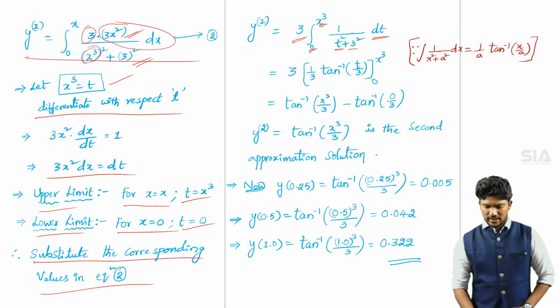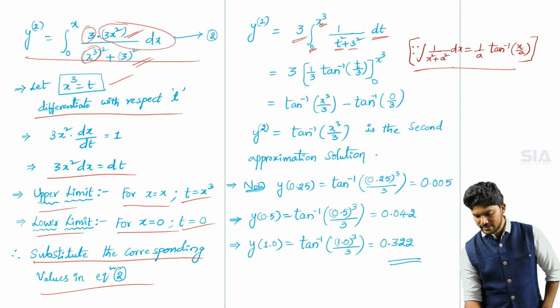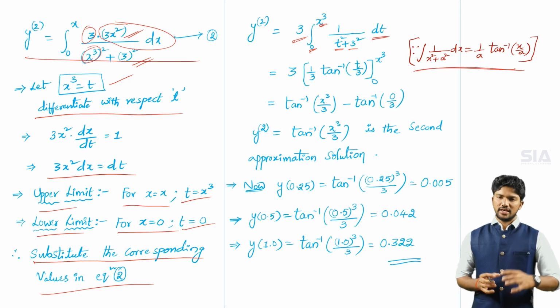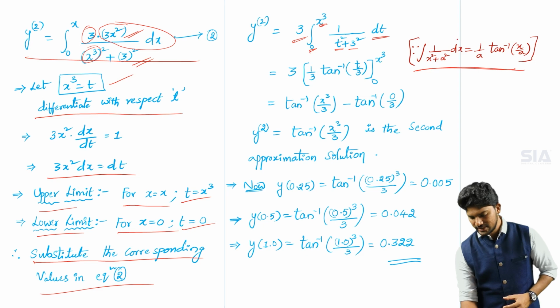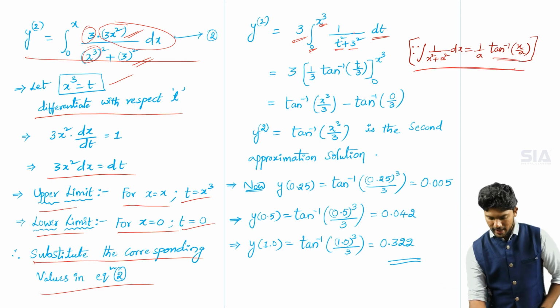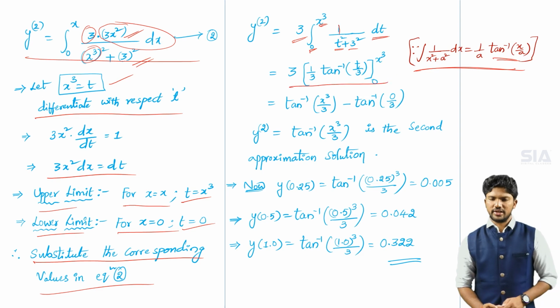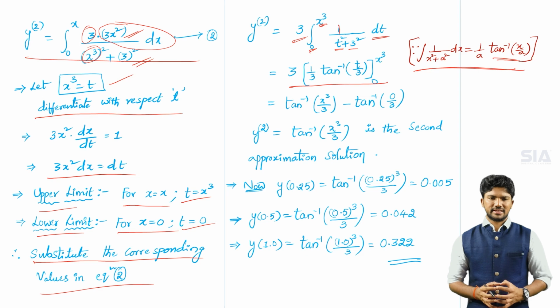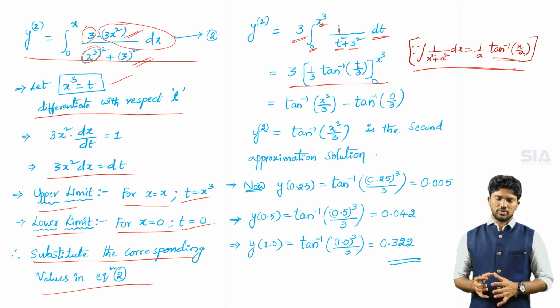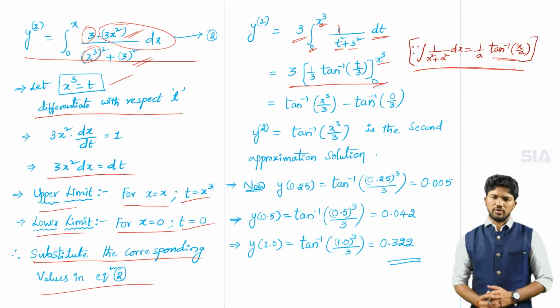This is in the format of the formula, integration of 1 by x square plus a square dx, which is 1 by a into tan inverse of x by a. So we get 3 into 1 by 3 into tan inverse of t by 3, evaluated from the lower to the upper limit.